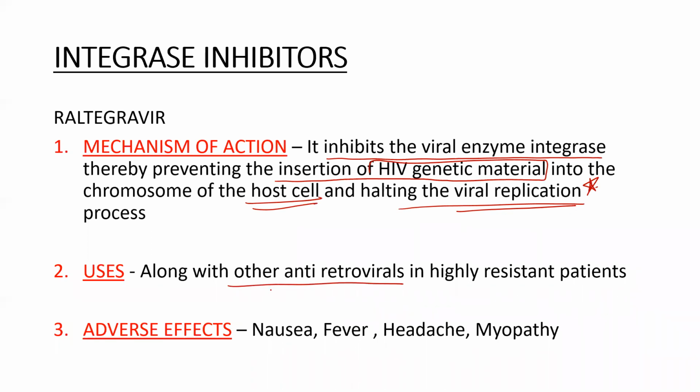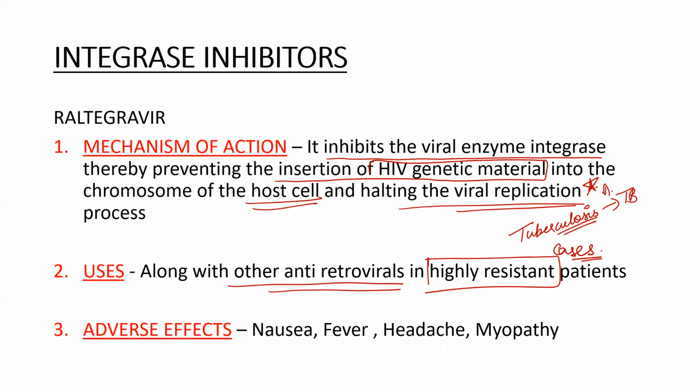So they are used along with antiretrovirals in highly resistant cases. Highly resistant as in the patient might also be suffering from tuberculosis. So in that scenario, you have to start with the anti-TB regimen, and then you have to start the HIV therapy.